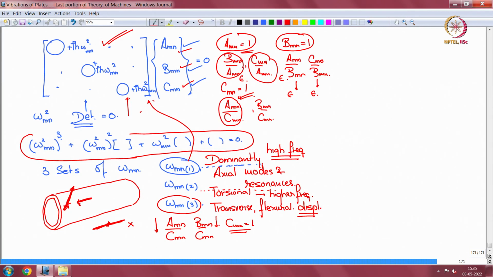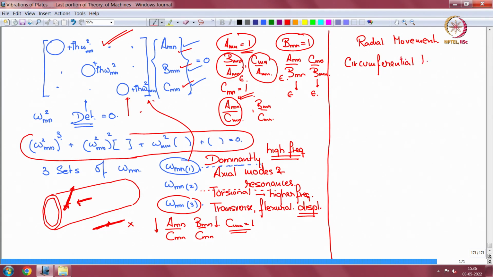Now the last point I want to make about shells is that with respect to the radial movement or transverse movement, if we look at the circumferential behavior, that means with respect to n, the index n.